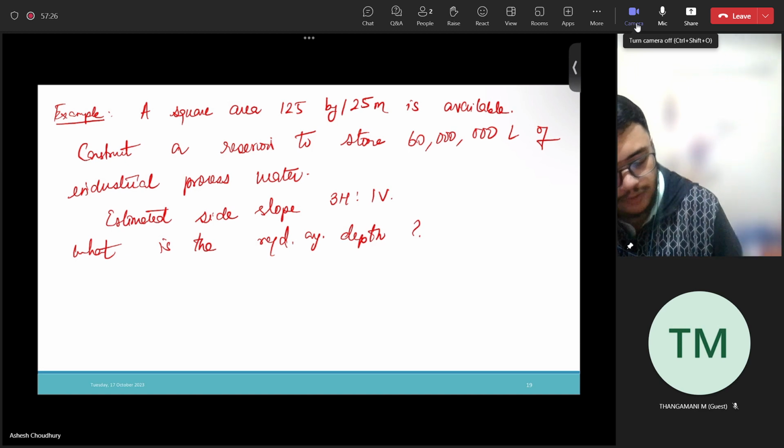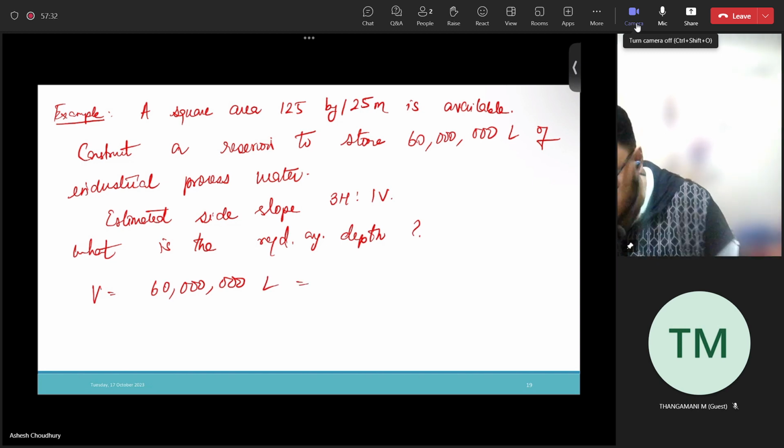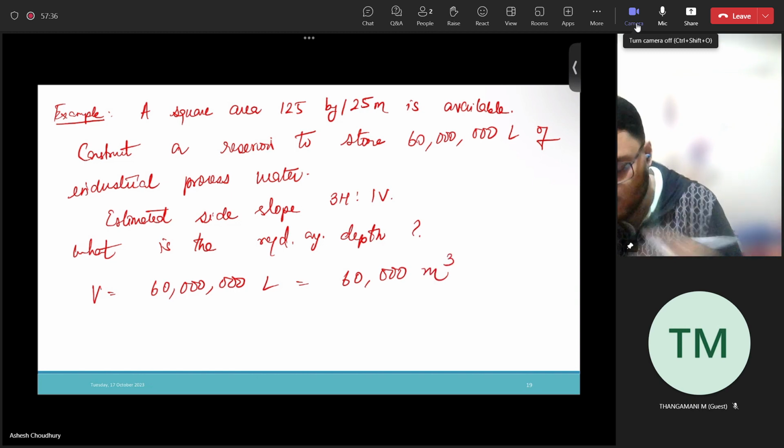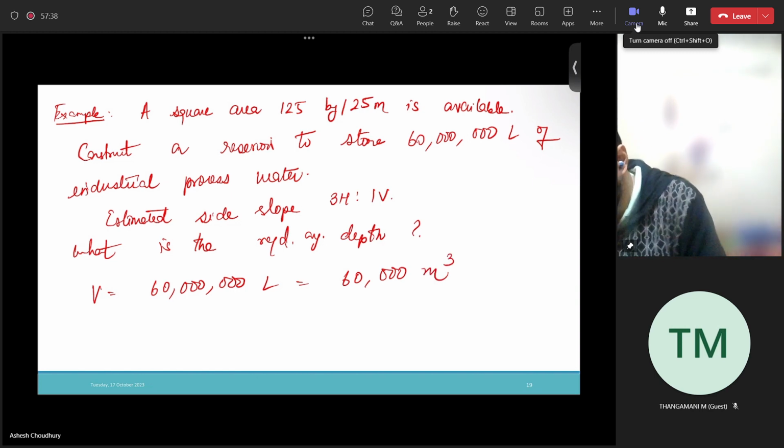So what is the volume? Volume is a liter, which is nothing but 60,000 meter cube.